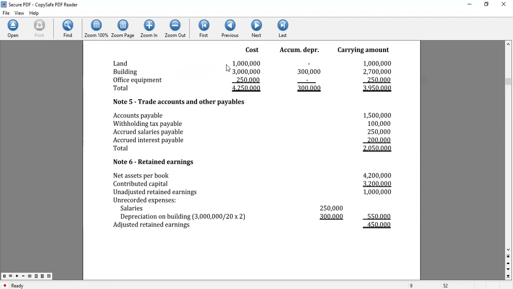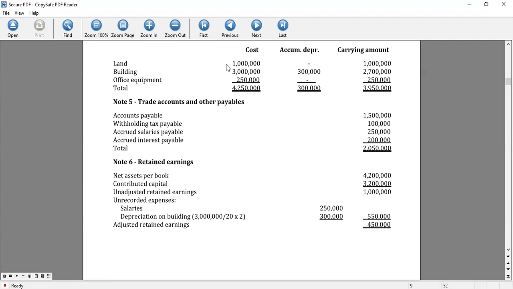So 3 million divided by 20 years, and we have 2 years expired, so 300,000. The unrecorded depreciation, which we are going to adjust, is deducted from the unadjusted retained earnings of 1 million.